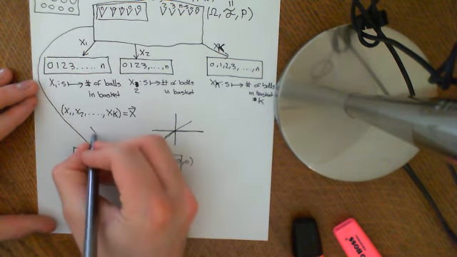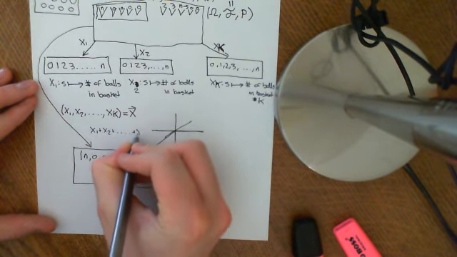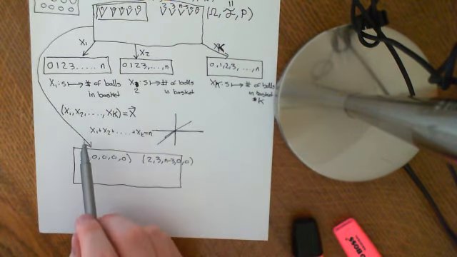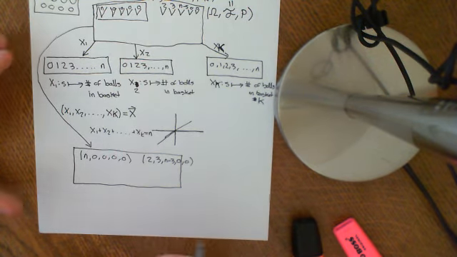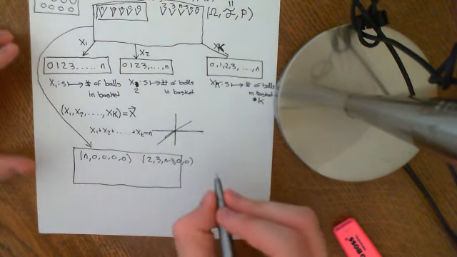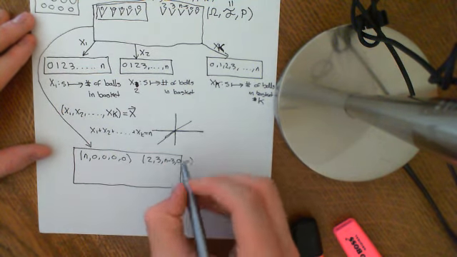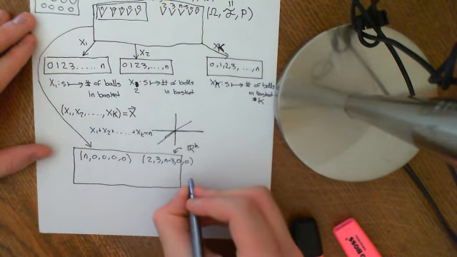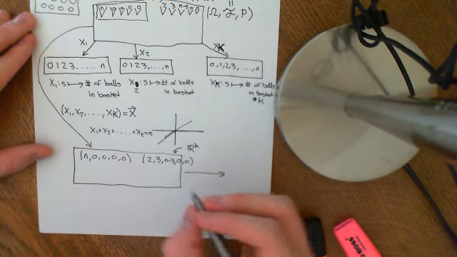So we should note that x1 plus x2 plus all of them up to xk is a constant, equal to n, because each one equals the number of tennis balls thrown into each specific basket. If you add all of that up, you get the total number of tennis balls. Basically, you can now consider having a function from this subset of Rk. You can consider having a function which is the probability mass function.